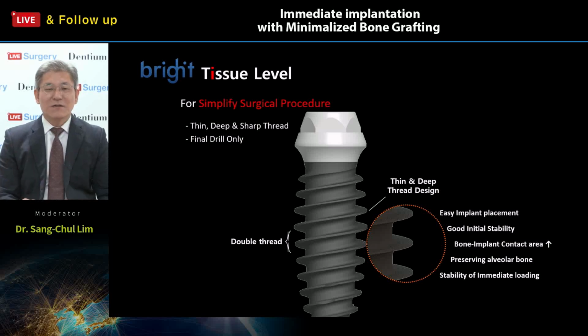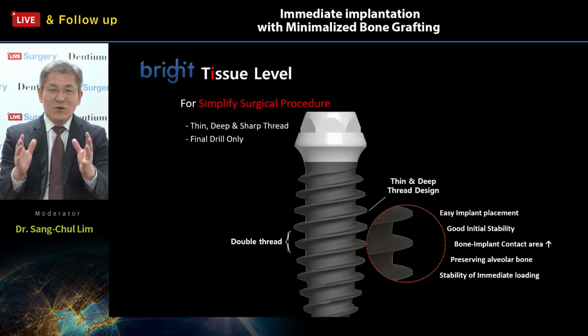That looks like a fatty belly style. Another unique thing compared to previous versions, like Supine and Implantium, is the sharp thread, right? The combination of these two characteristics gives us a big benefit.